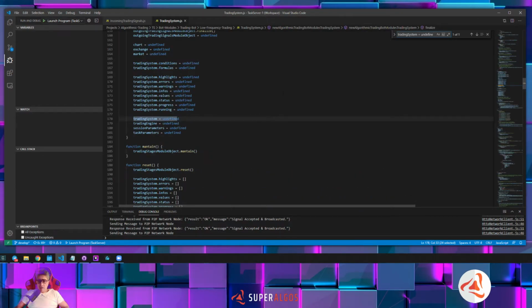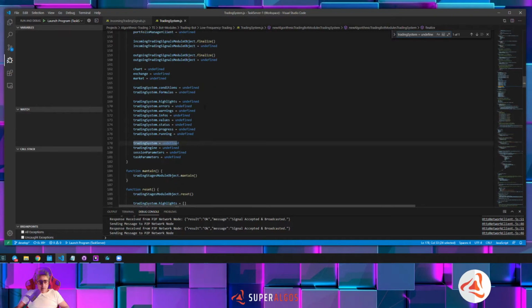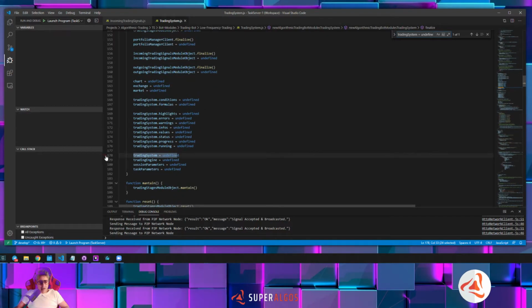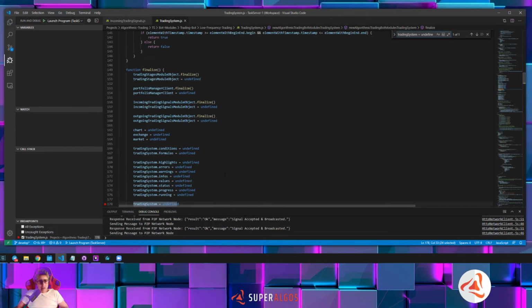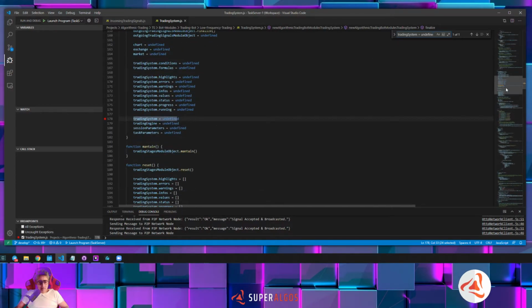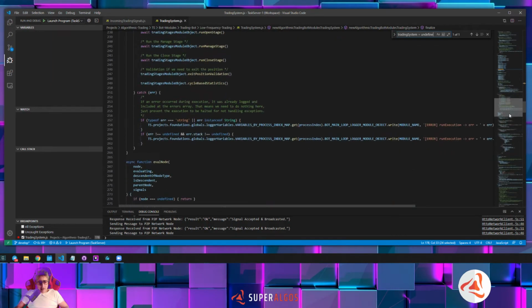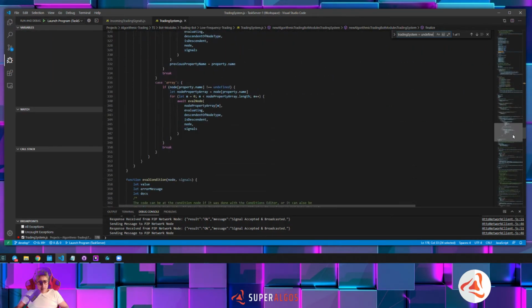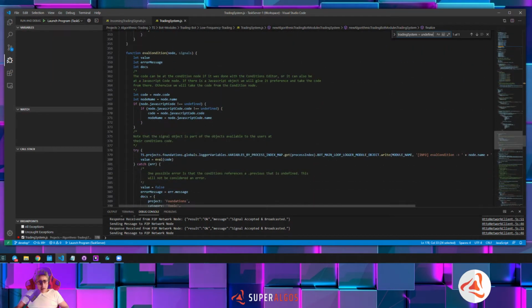There is one place where we are setting trading system to be undefined. So there is a chance that this is executed, and then for some reason I don't understand, another condition is evaluated.